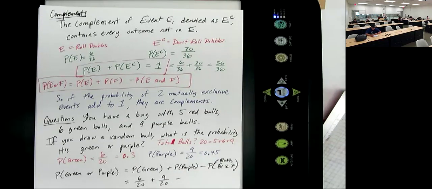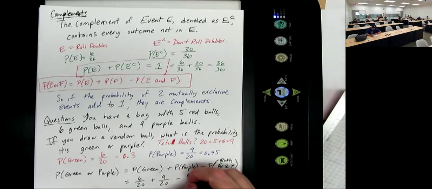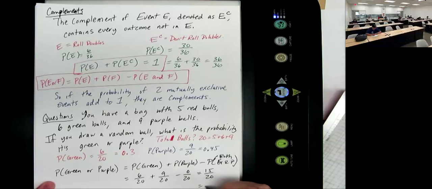Can a ball be both green and purple at the same time? No. So there are no balls in the both green and purple category. So this is 15/20, and this is 0.75. And you would get that if you added the 0.3 and the 0.45. So depending on if they want the fraction or the decimal, both options work then.